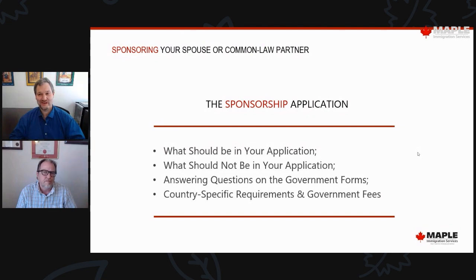Answering questions on government forms. I take every opportunity. Sometimes on the forms, there'll be a box that says, fill this out if this applies to you. I'm going to fill it out anyways, because the officer has to read that, and I'm going to take every opportunity that I can to prove my case and to solidify and add more information where I can.